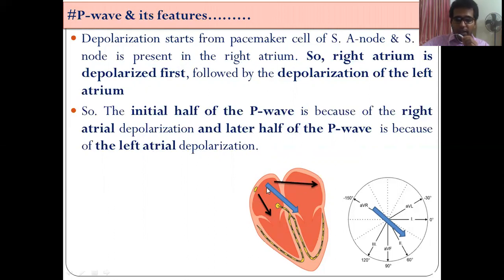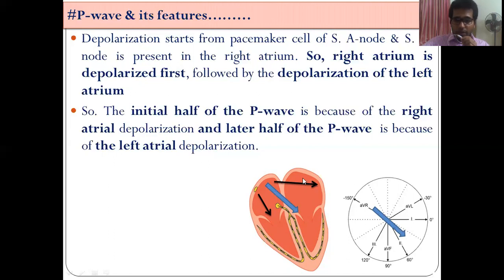The net vector produced by both atrial depolarizations is called the P vector, and it is directed downwards and to the left. If you see carefully, the axis of this net P vector is almost parallel to the axis of lead 2, which is at the 60-degree angle.